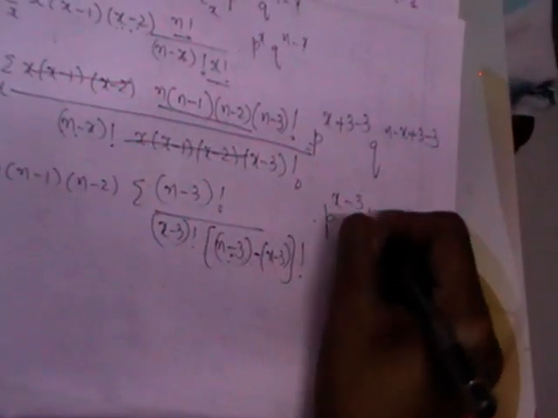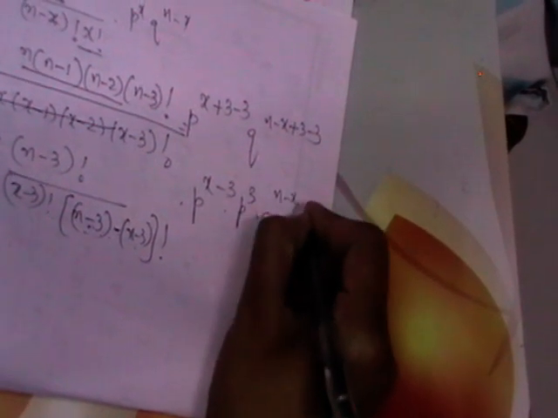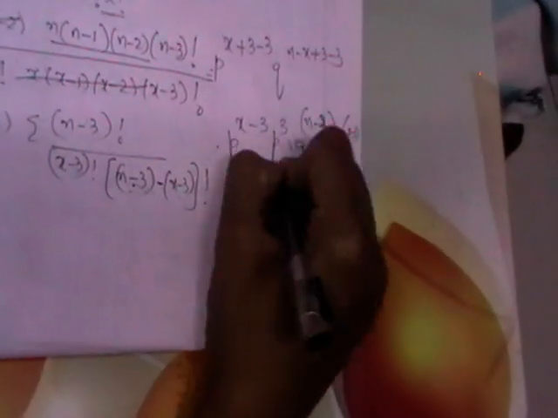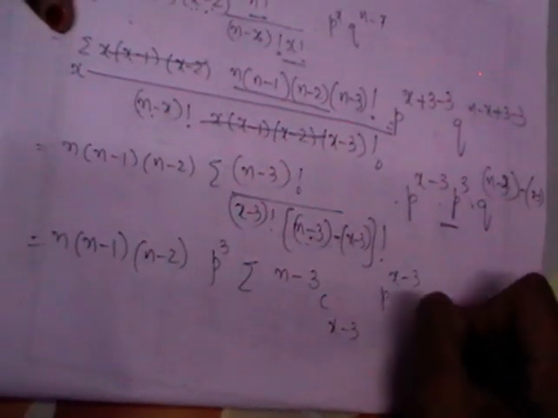I will write this as p power x minus 3 into p cube. This one also I want to write as q power n minus 3 minus x minus 3. Here again you can take out p cube, as this is independent of x, out of the summation. We can write this as nC(x minus 3) p power x minus 3 q power n minus 3.